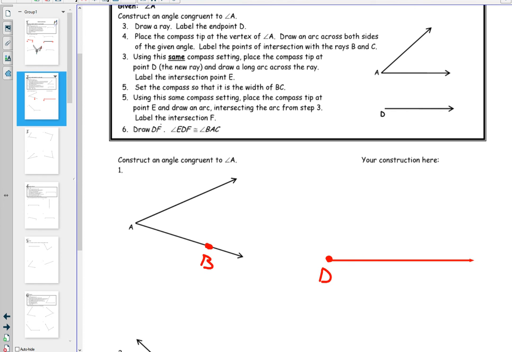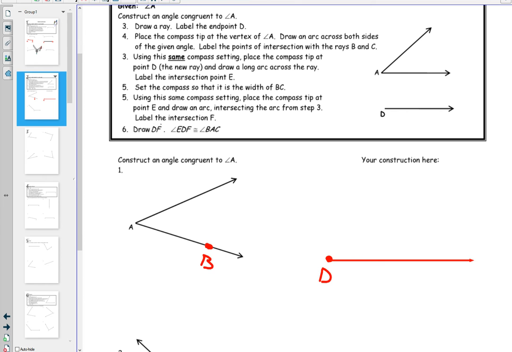Can you draw a ray off to the side with a straight edge, with a point? We'll call that point D, and just draw a ray, make sure it's at least as long as one of the legs of the original. I'll just pick any point on here and call it B.